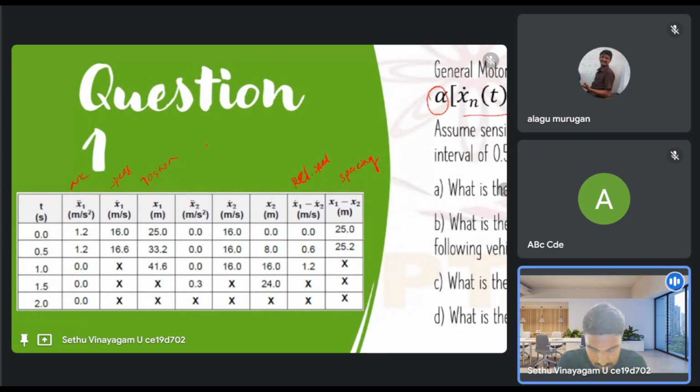So the model is, so this is the GM model.